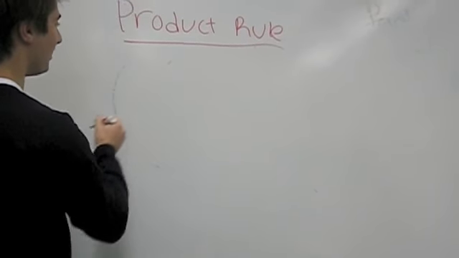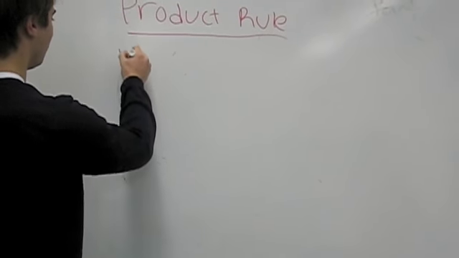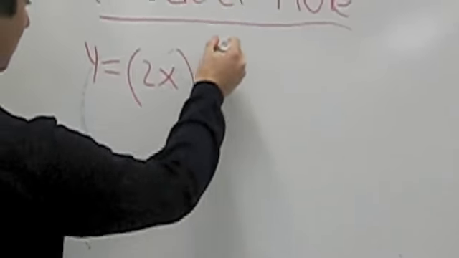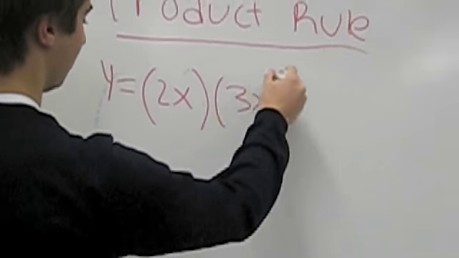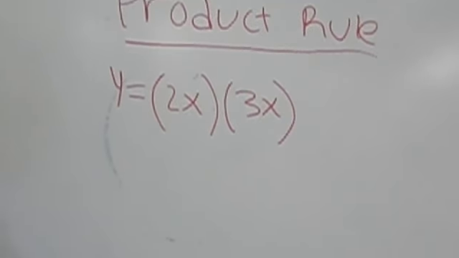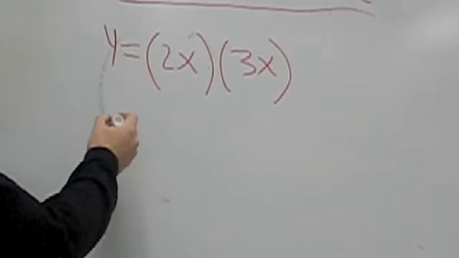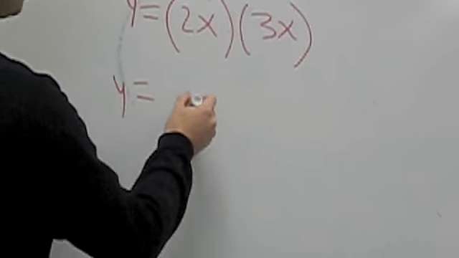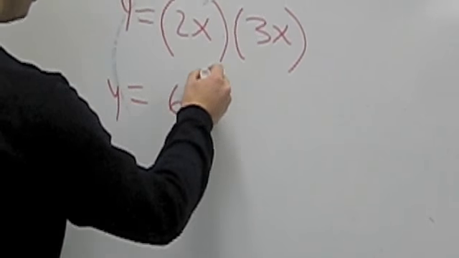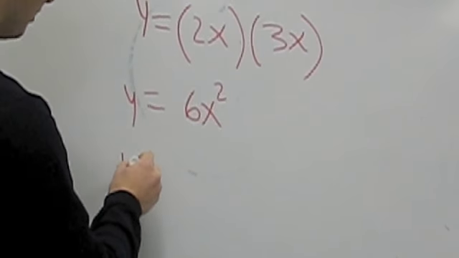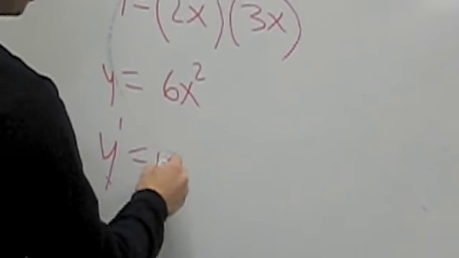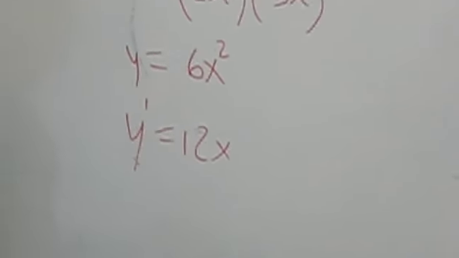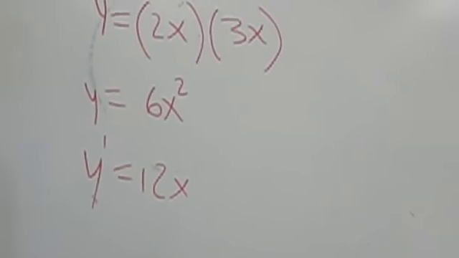Let's say we have a problem where it's 2x times 3x, and we were asked to take the derivative of that. It wouldn't be hard, because all we have to do is multiply these together to get 6x squared, and then take the derivative of that, which is 12x. That's not very hard, and that's how we began this process.